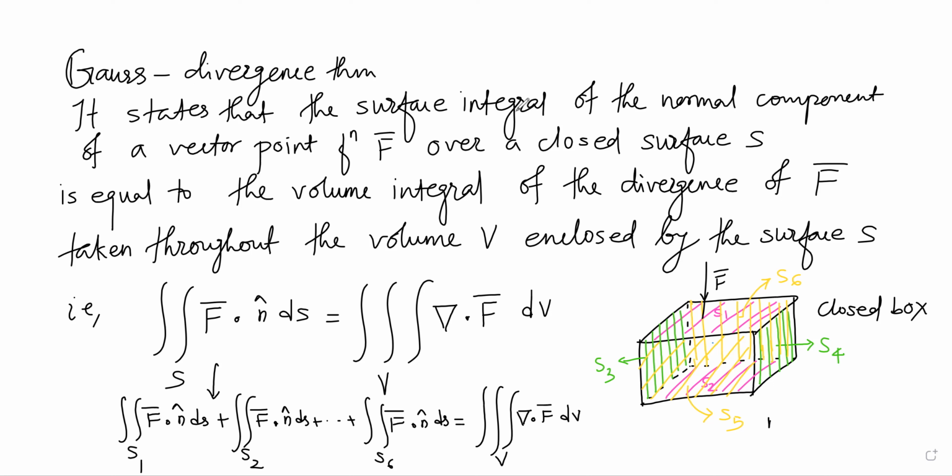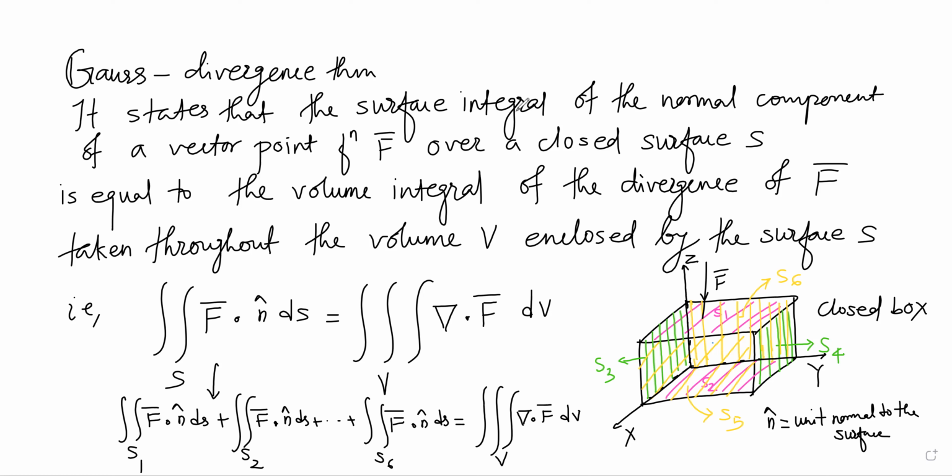So what is n cap? N cap is the unit normal to the surface. Like I have this surface, suppose we extend this and draw this, and this is your x axis, this is y axis, and this is your z axis.